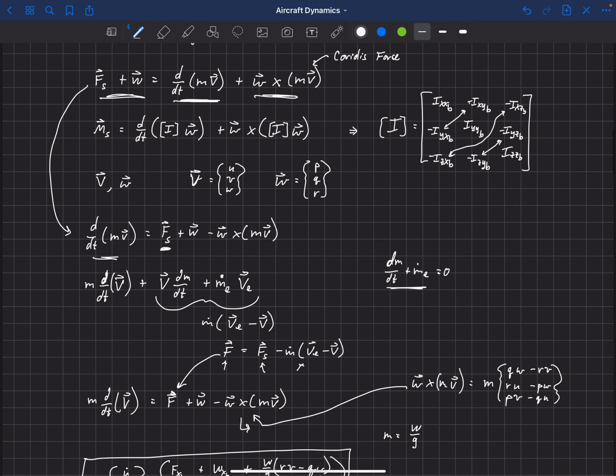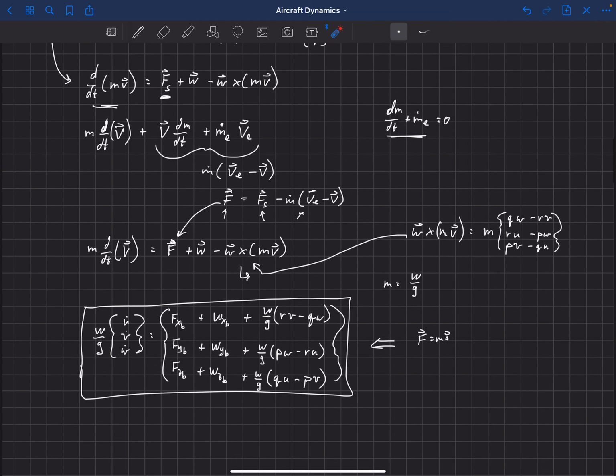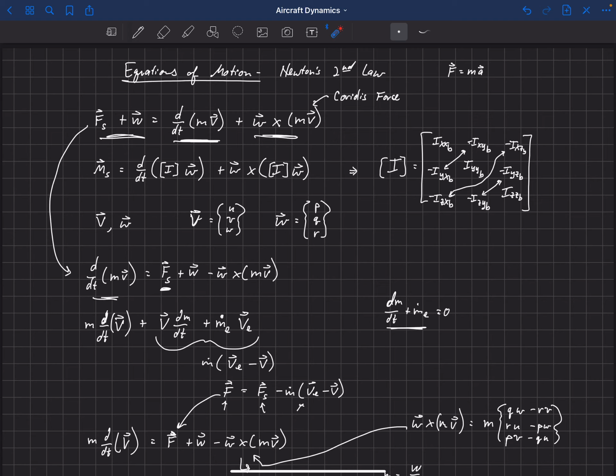Now, again, we have this other equation here that is Newton's second law for rotation, for the rotation of the aircraft, and I'm not going to work through that. You could work through this the same way. But one thing I want to point out is that the way we're going to use it first is we're going to assume that the aircraft is symmetric about the XZ plane.